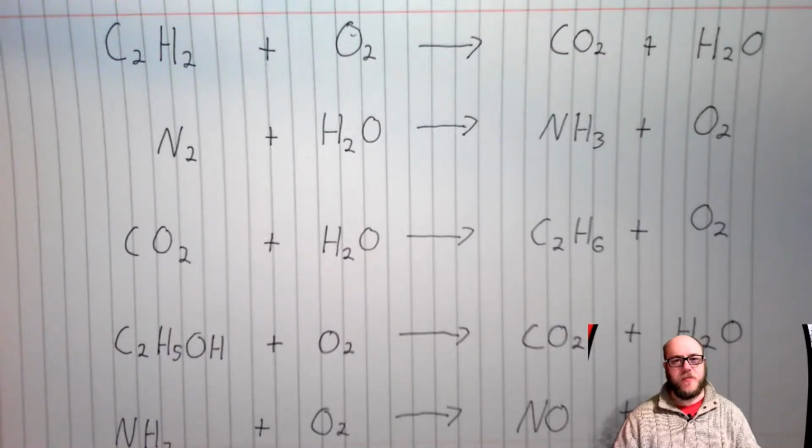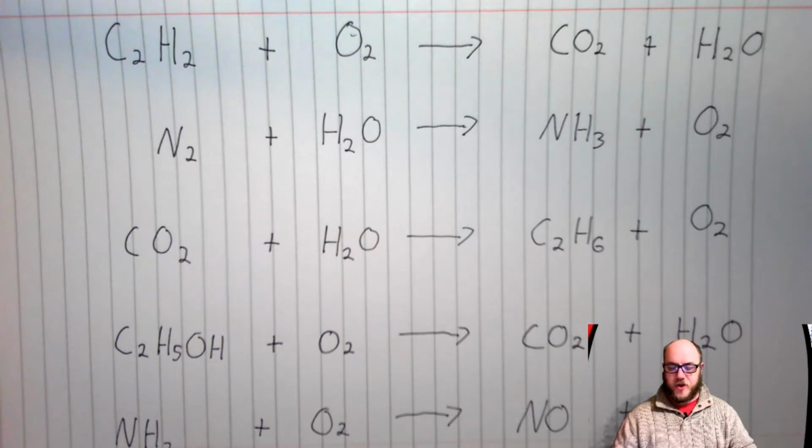These might seem really hard, but it's worth persevering with these. If you can do these, then you're pretty much sorted for balancing equations. So this one then, C2H2 plus O2 gives CO2 plus H2O. It's another combustion equation. Then we have nitrogen plus water gives ammonia plus oxygen.